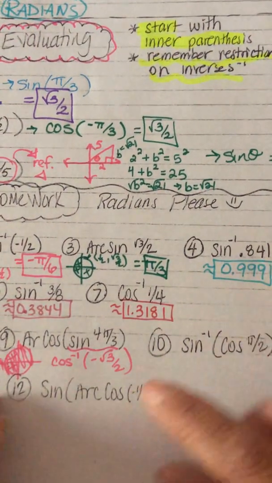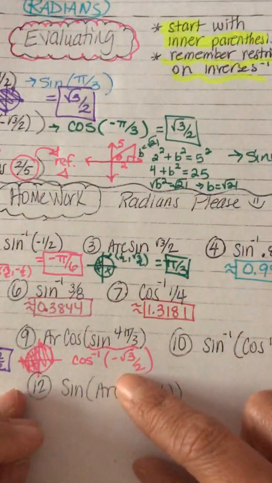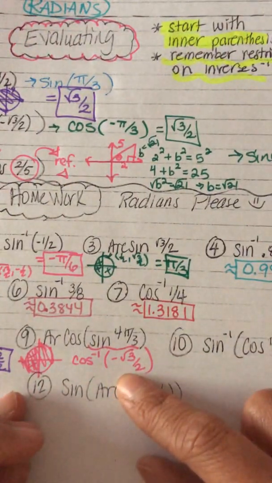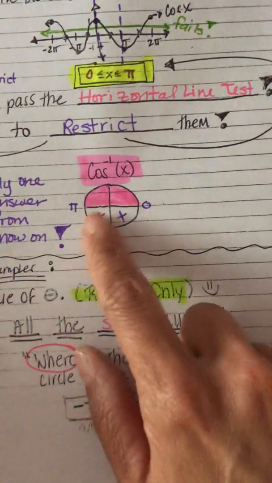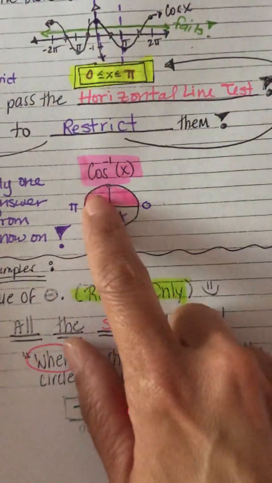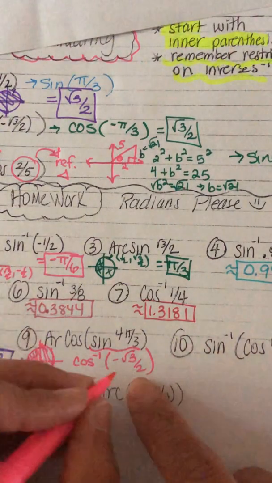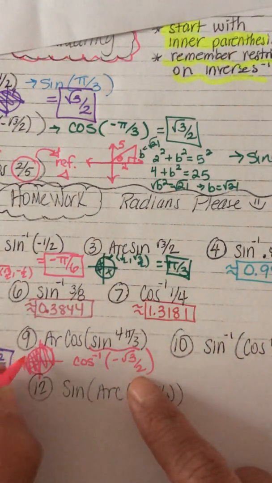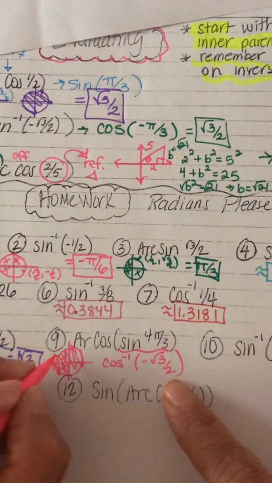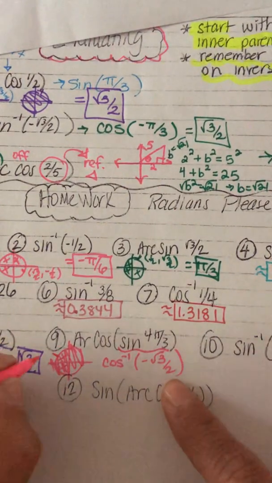Now, when we look at the graph, where is the cosine negative? Cosine inverse is only in the top half, and cosine will be negative in the second quadrant. That's where the negative square root of 3 over 2 is, and that would be up here. I know I x'd it out, but I don't have room to redraw it.